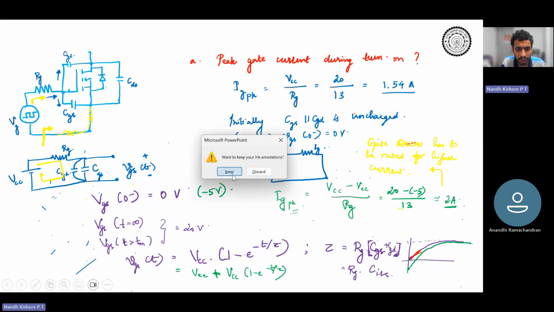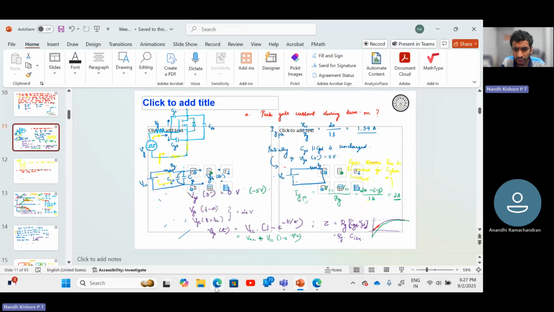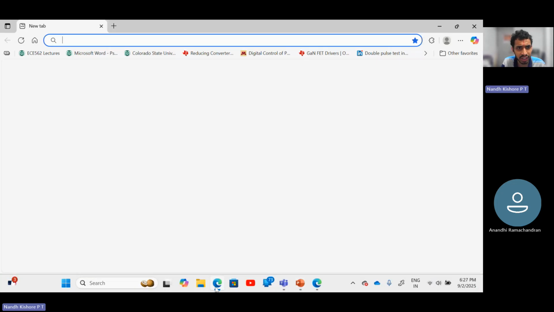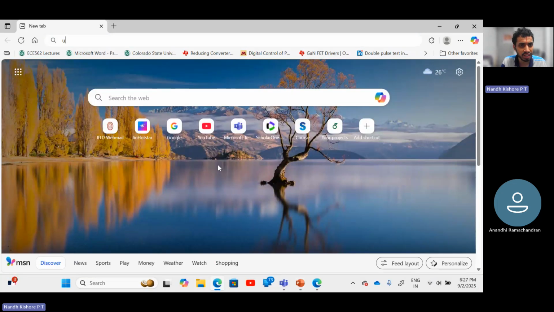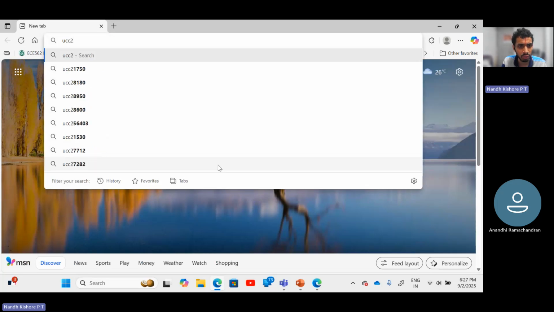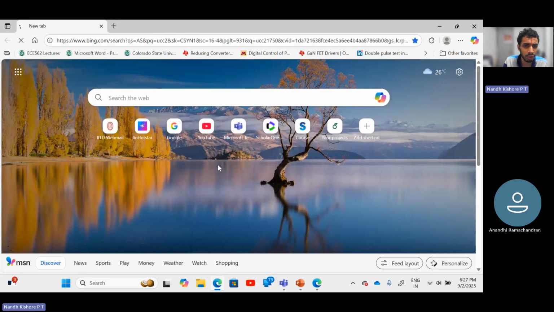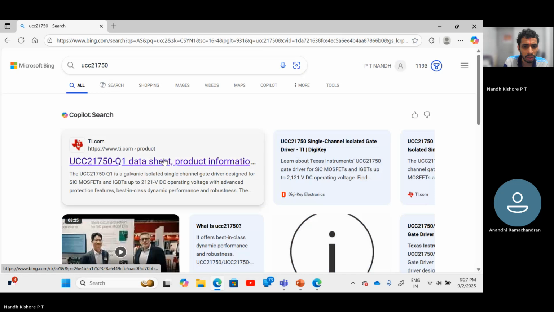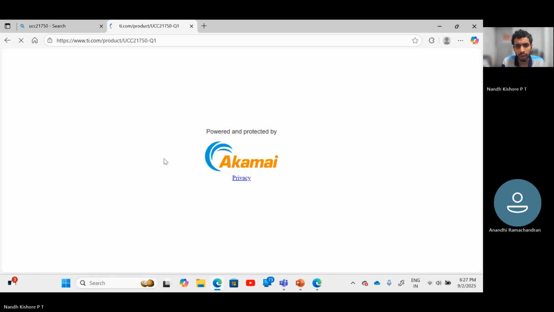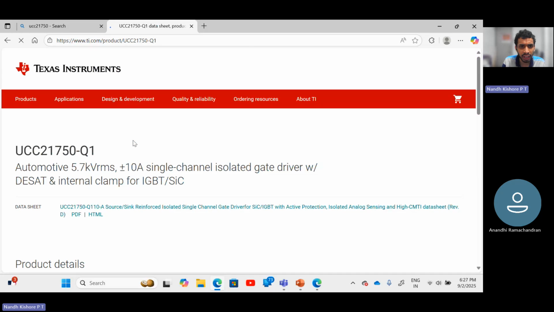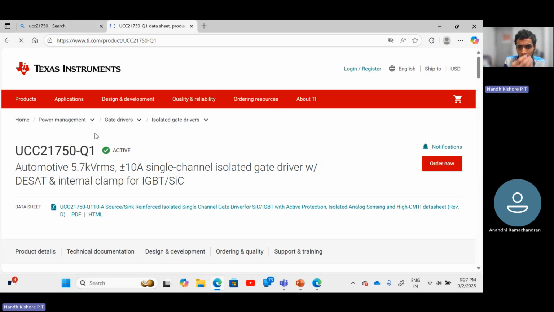Just to give you a perspective, I will open a commercial gate driver data sheet, and I think you can understand from there. UCC21750, let's say. I hope you are able to see my screen. This is a TI data sheet, a Texas Instruments gate driver data sheet.